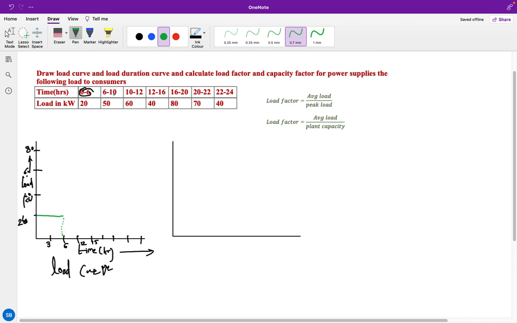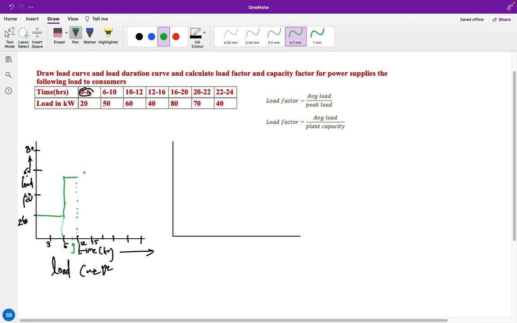Then for 6 to 10, the next 4 hours, we require 50 kilowatt. So you have to increase the load from 20 to 50 and draw this for 4 hours, up to 10.